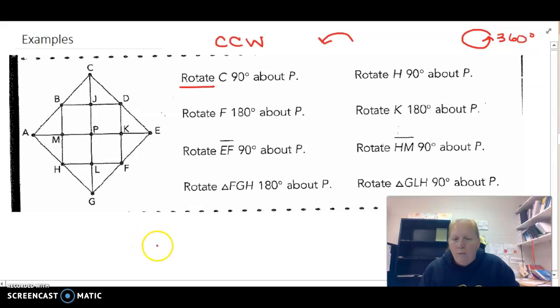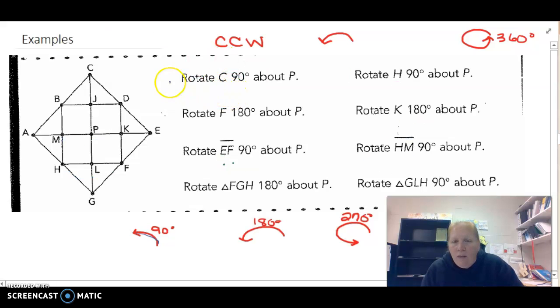If I'm right here and I rotate 90 degrees, it would be a quarter of the way around. If I rotate 180 degrees, it would be halfway around. And if I rotate 270 degrees, it would be 3/4 of the way around.